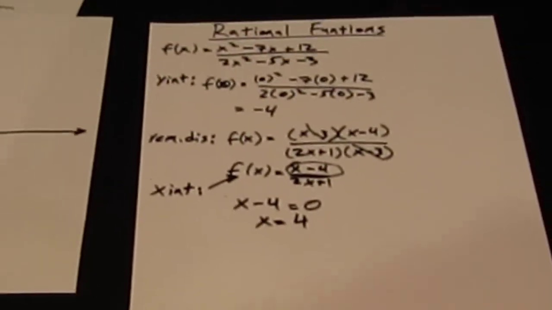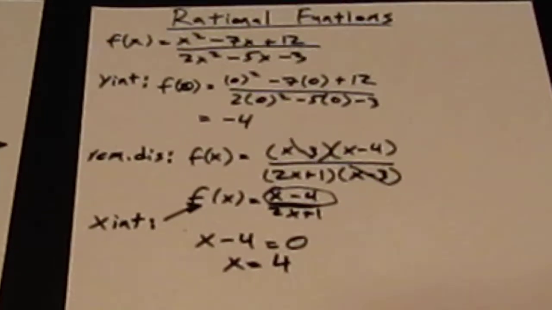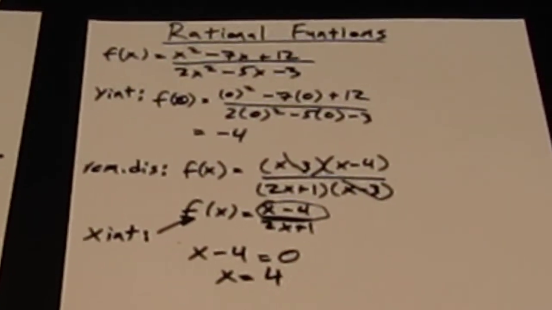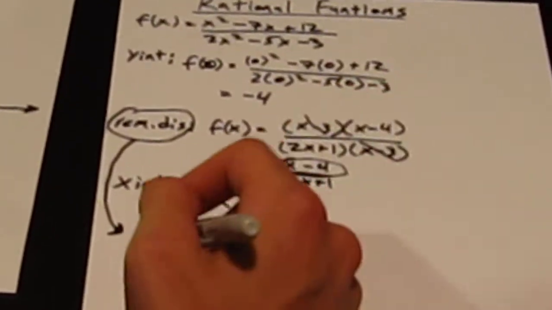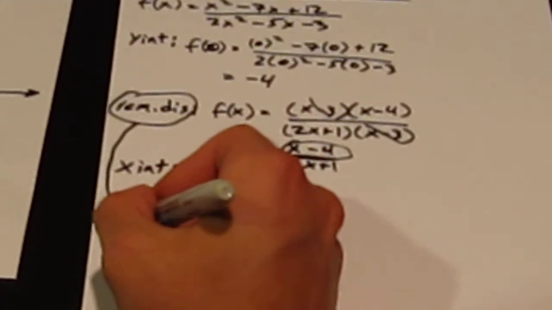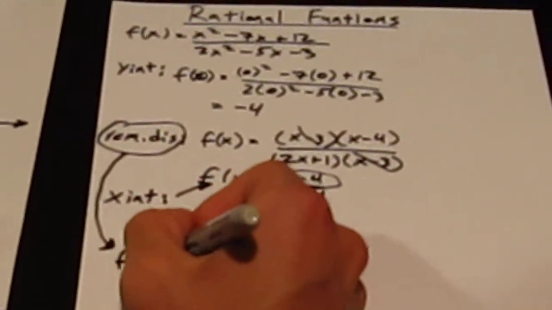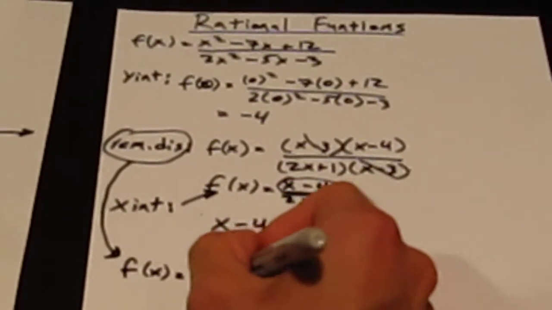The next step we're going to do is find any horizontal asymptote. Oh, no. We're going to find the removable discontinuity now. We crossed out the x minus 3, so we're going to put that here. x minus 3 equals 0, and then x equals 3.